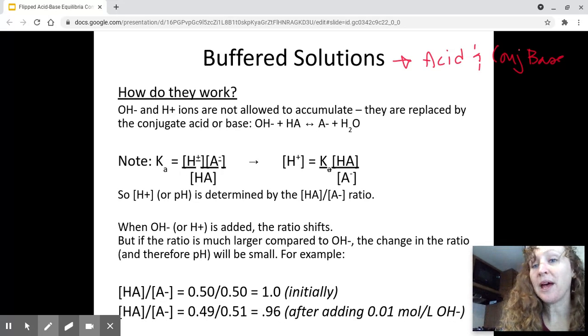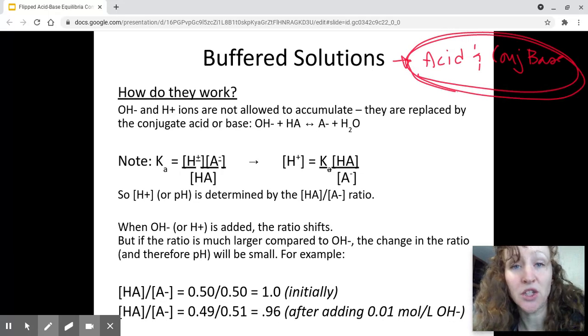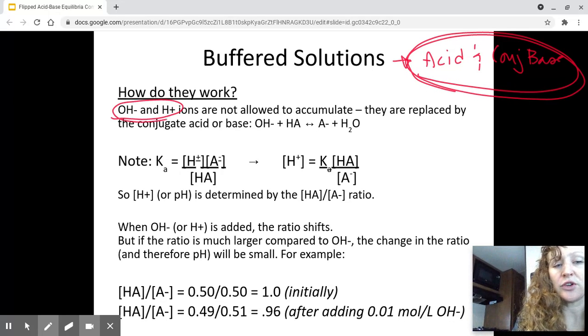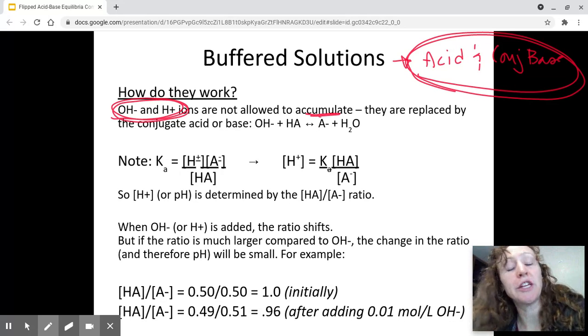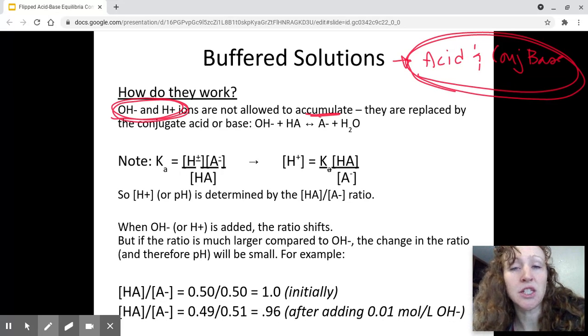The power of a solution like this is that when you put in a strong acid or a strong base, hydroxide or hydronium ions are not allowed to accumulate. And that's what changes a pH. A pH is a direct measurement of the amount of hydronium ions present. So if they're not allowed to accumulate, your pH is going to stay very constant.